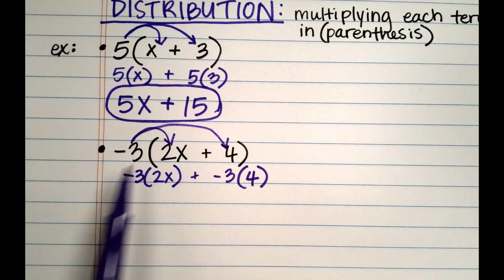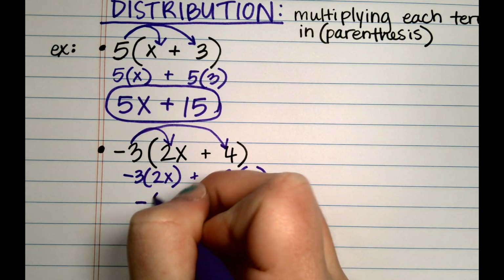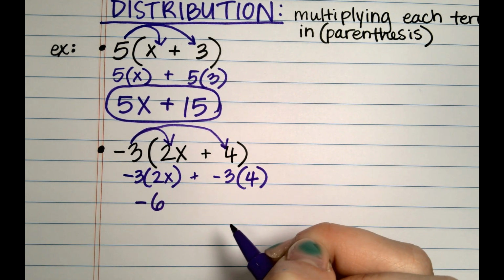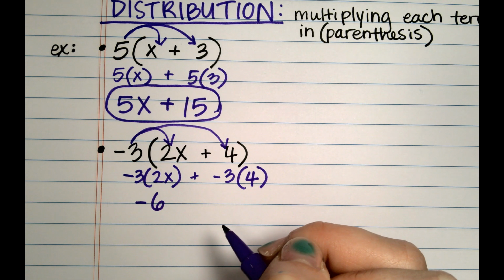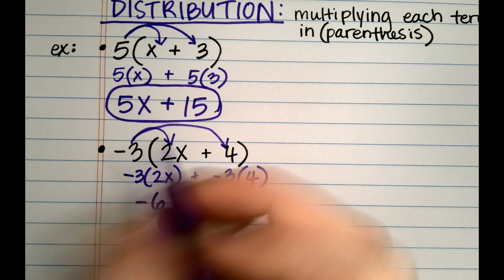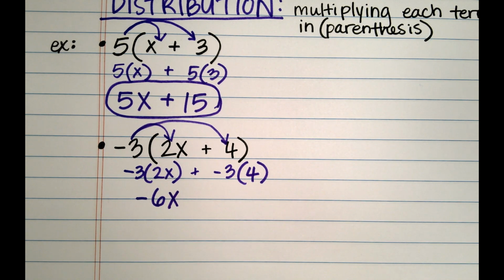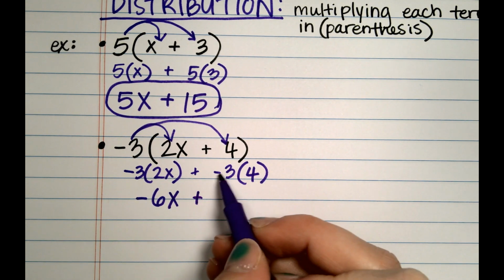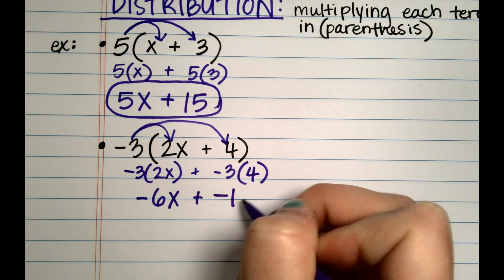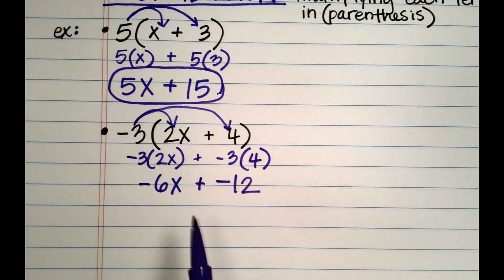What is -3 times 2x? -6x. Then plus -3 times 4 is -12. How else could I write this?